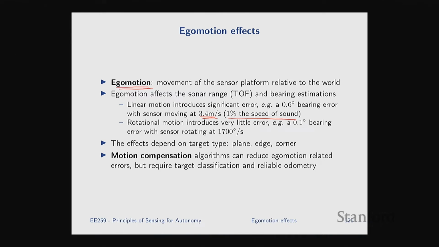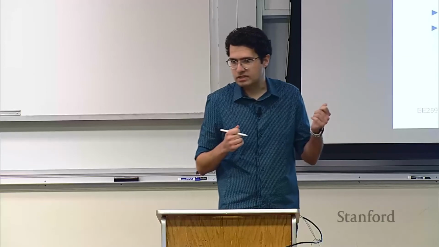And it depends on a few factors. One is, of course, the movement or the velocity of the robot that the sensor is mounted on. The higher the velocity, the bigger these effects are. The type of motion also matters. Typically, linear motion is much worse than rotational motion. Rotational motion is usually not too bad, except if it's at very high angular velocities.